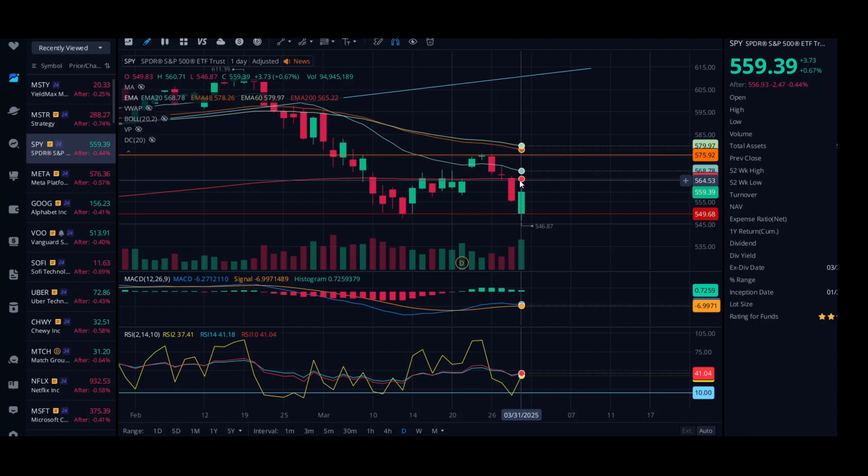And if it can, then hopefully we can get above that 200 EMA here, and then work to get above that 60 EMA right here. That would be our ultimate goal, because if we can get above that, hopefully then we can use that as a springboard to get back up here where we belong.